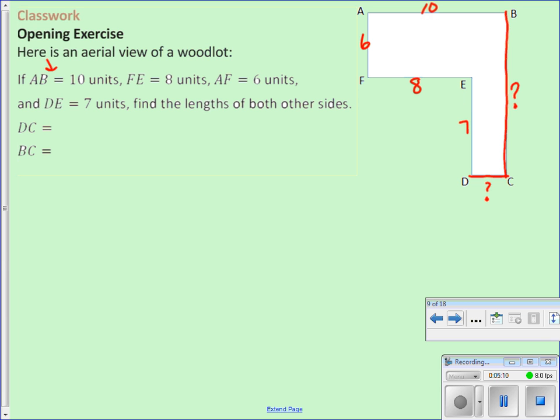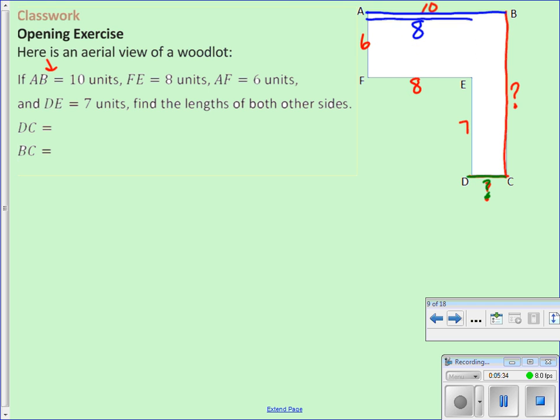I'm going to start with AB. Now this is where I love having a smartboard. So AB is up here. Parallel to that, I have FE, which is 8, and I have DC that I don't know.